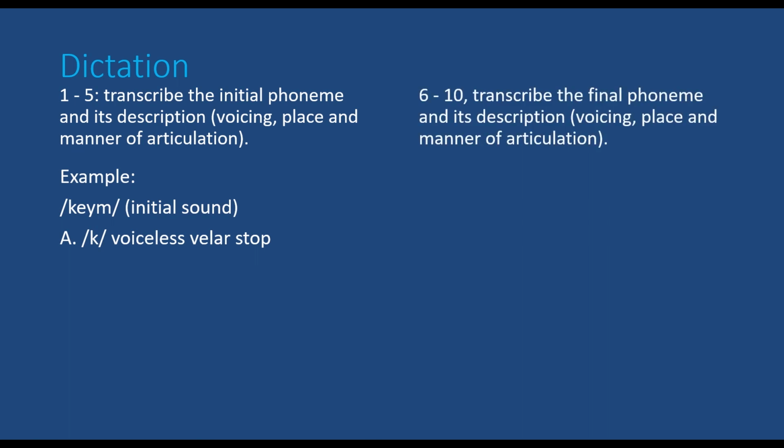Now for words 6 through 10, you're going to transcribe the final phoneme and its description, which again, is voicing, place, and manner. So in the case of came, you would transcribe the voiced bilabial nasal.